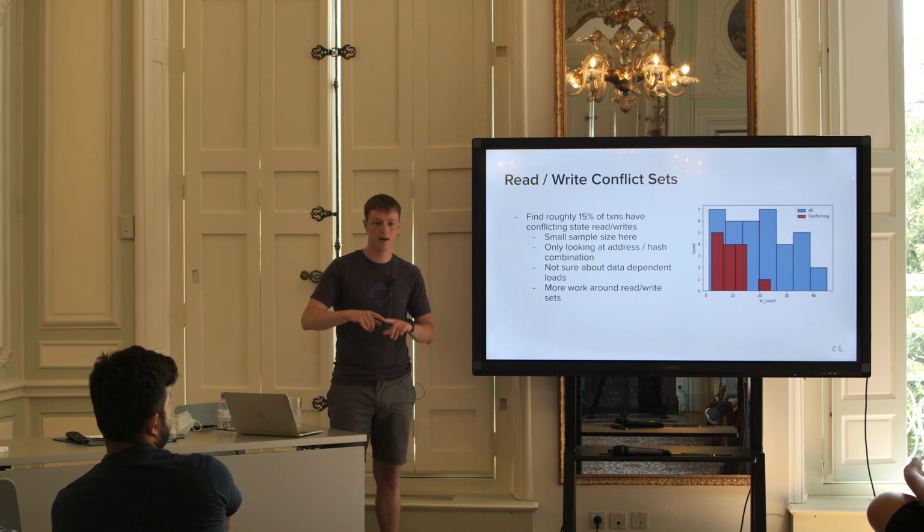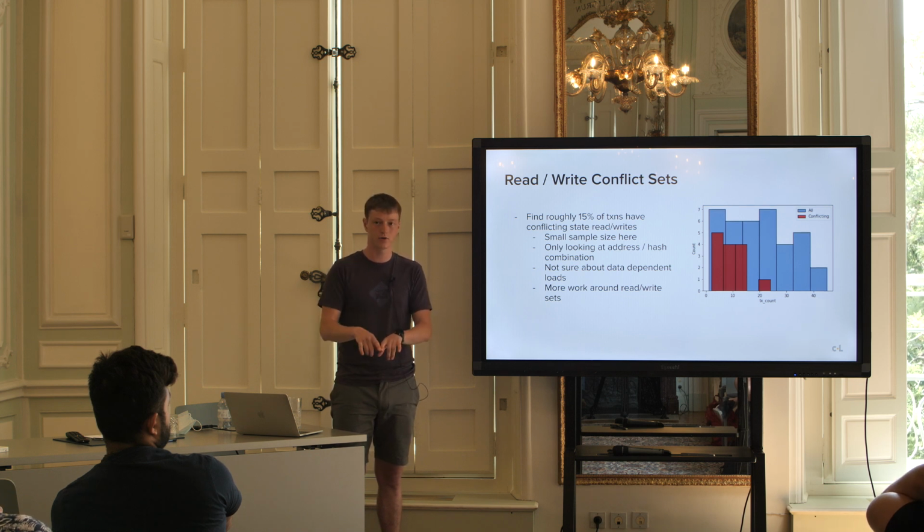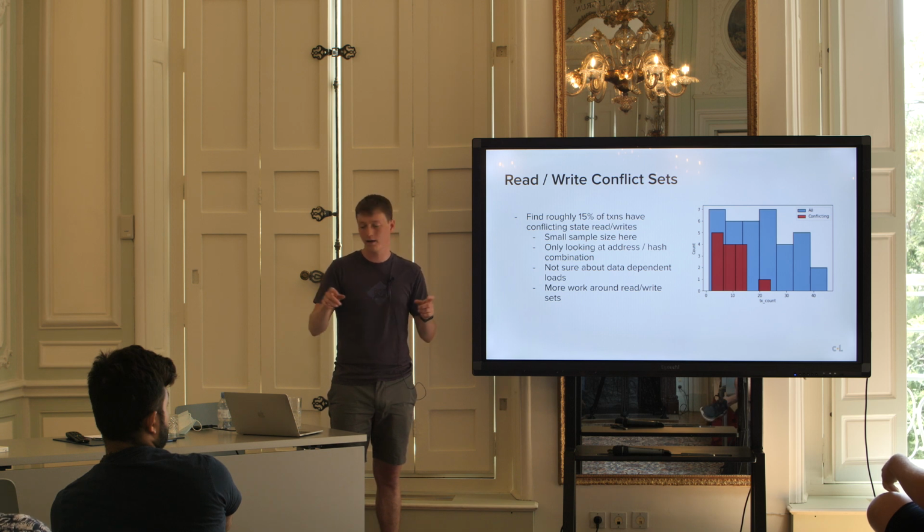And the last thing, one of the problems that I think we need to look into: if you have a first transaction and then the second transaction goes to the first transaction, which stores which smart contract you should go to, and that changes in the first transaction, then when you go to the second transaction, you have to do the first load, then the second load, and that could potentially go out to disk.